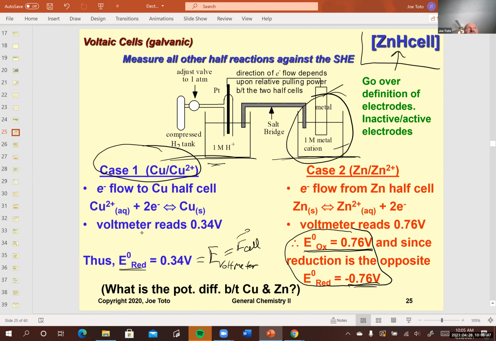If I looked at what we talked about with sea level before, and instead of voltage or potential difference we said meters, you might use an analogy like this: copper is ranked above the standard by 0.34 meters, and therefore is preferentially reduced by the standard, as opposed to the zinc half cell, which is ranked below sea level compared to the standard, and therefore the electrons go from the zinc to the hydrogen electrode.